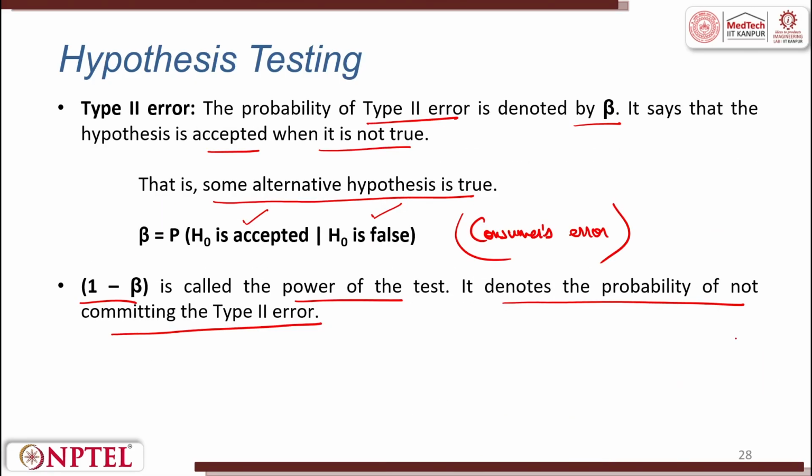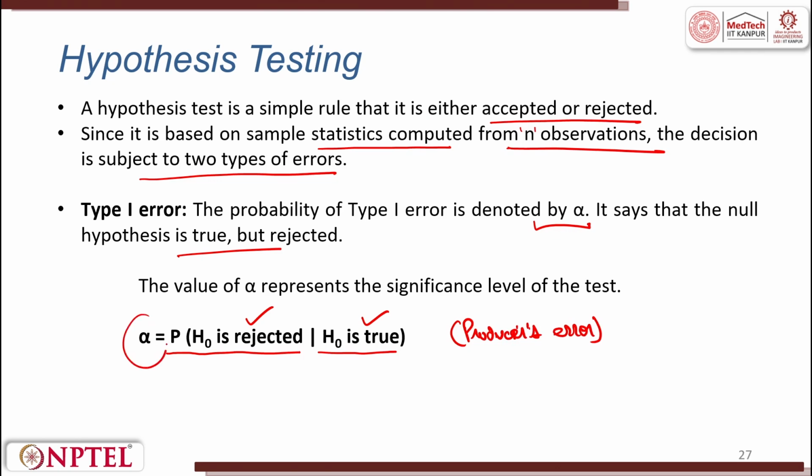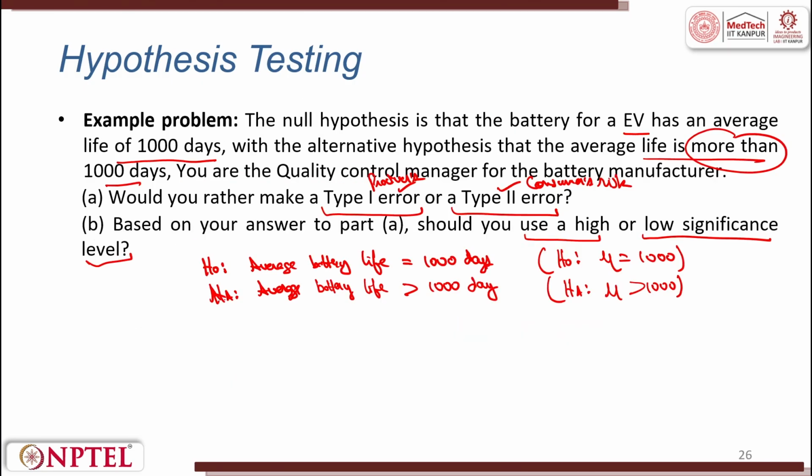Wherever I have written alpha, this alpha is the significance level. Now, would we increase the significance level or reduce it? This is the question asked. So, whether we will make type 1 error or type 2 error, this is the first part.